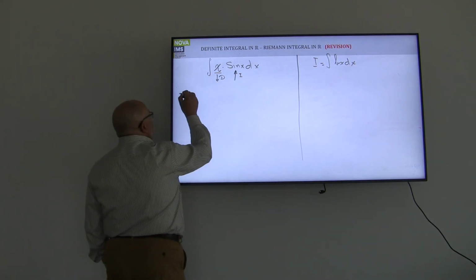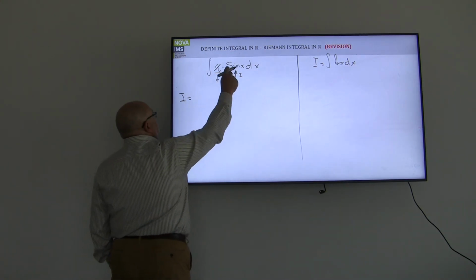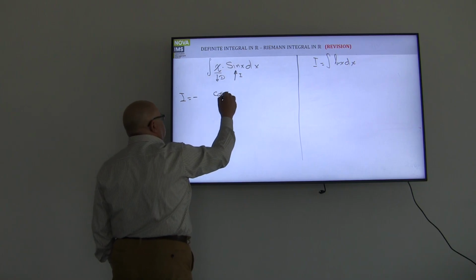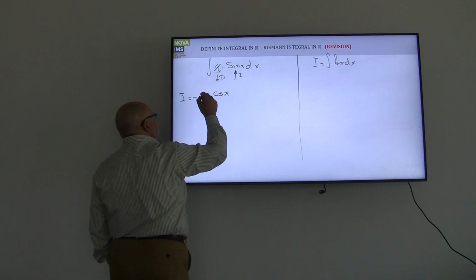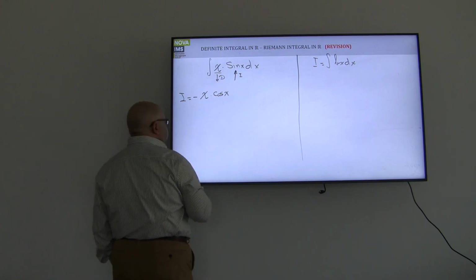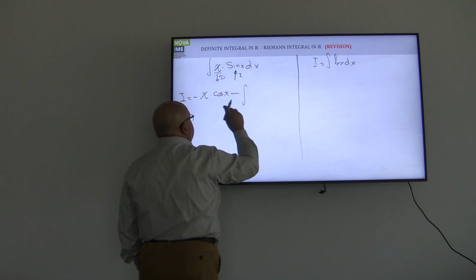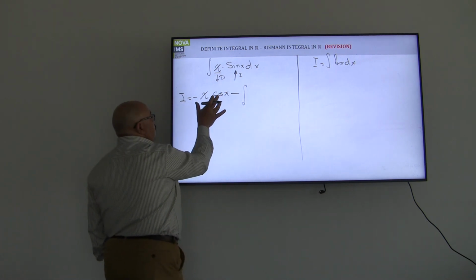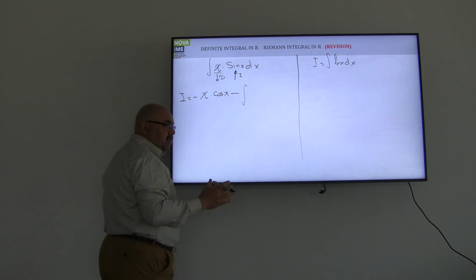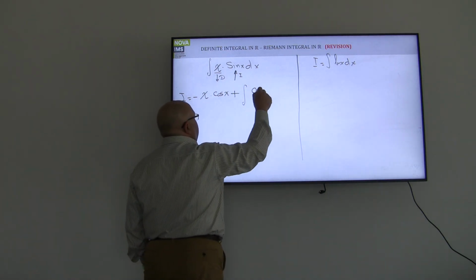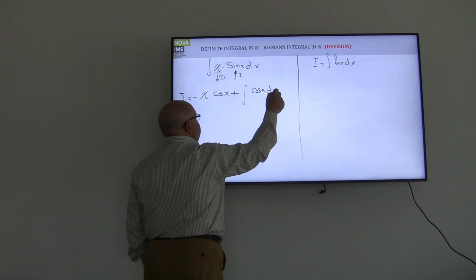So this will give us I, it's going to be integrating sine x, which is going to be negative cosine x, times the remaining of your integrand, it's going to be the same, minus integration. The integrated part will go as the integrand of the second integral, so it's going to be a positive cosine x with respect to x.